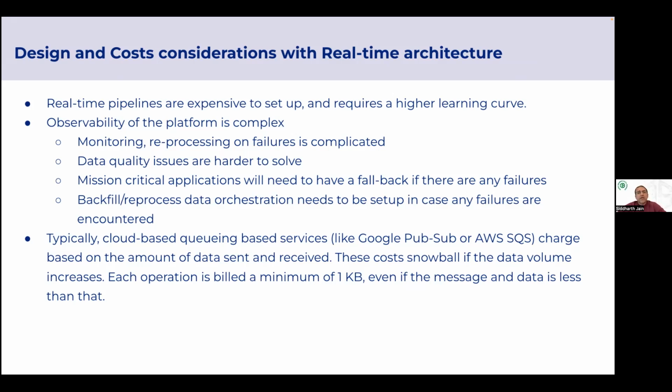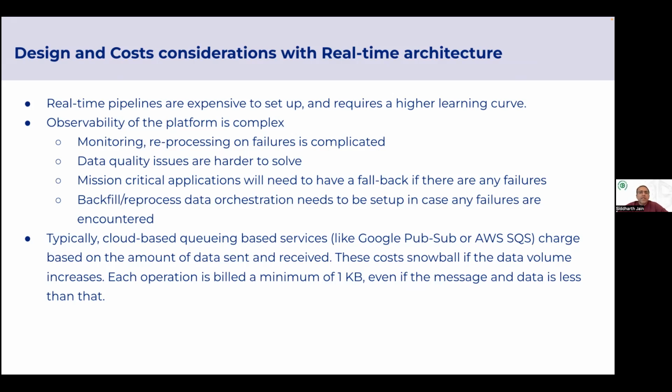And if any failures happen, you need to recover from them very quickly. You also need to have backfilling and reprocessing of data available. That process needs to be very solid in case there are failures and you're losing records, or failing to process records in time, and you need to catch up eventually, right?